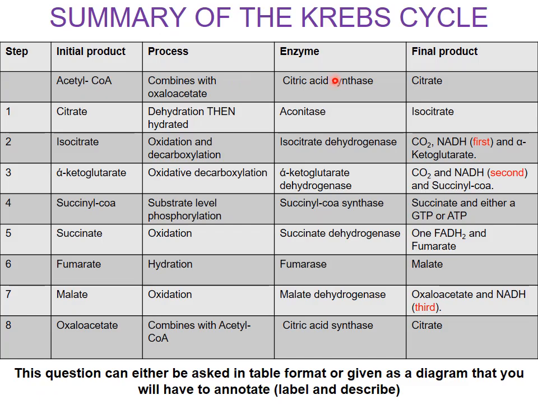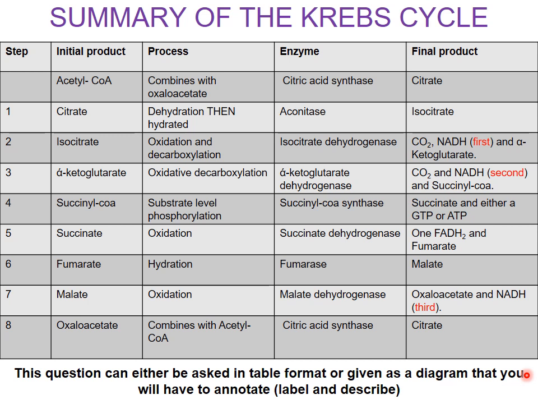Right, so here is that summary table, and at this point it would be a very good idea for you to pause the video and redraw this entire table so that you can see, at the beginning, step 1, stage 1, what is the initial product? What process occurs, using which enzyme, and what is the final product that is then moved through to the next stage?